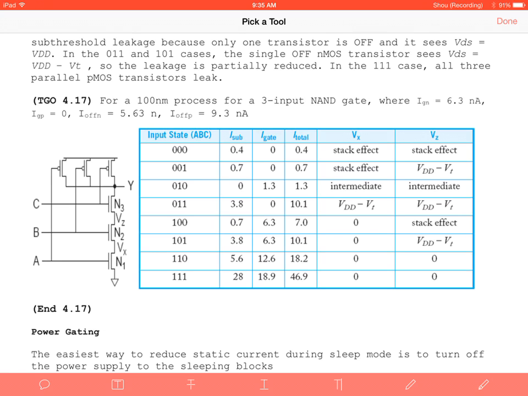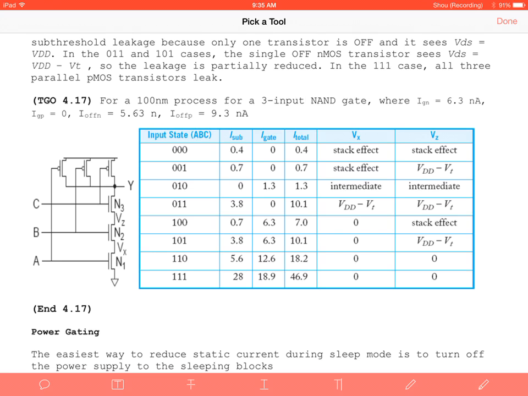So we have 2 PMOS transistors that are on that allow the supply voltage to put a 1 on the output. So this transistor is saving us from flawed operation. So in this case, both Vx and Vz are going to be VDD minus VT. For a 1, 0, 0, it kind of follows from here.